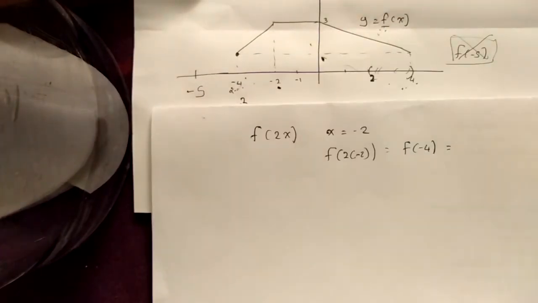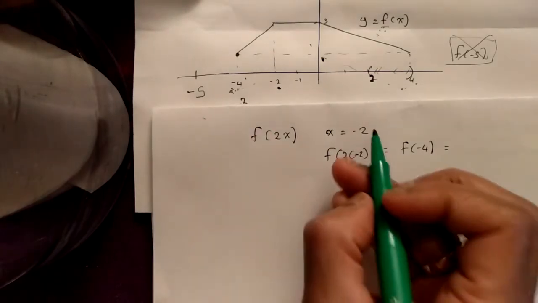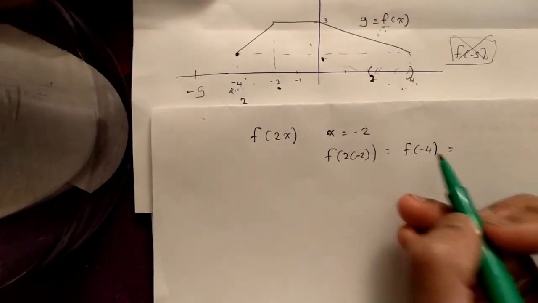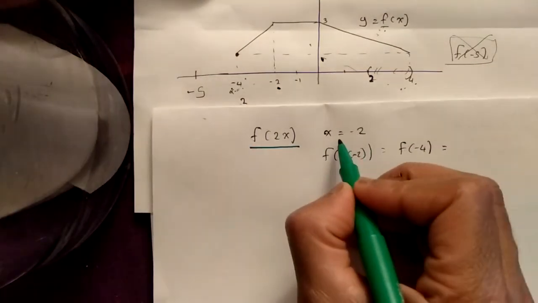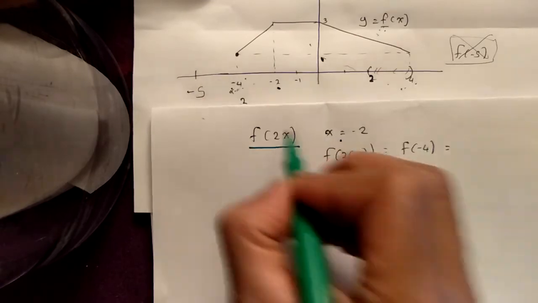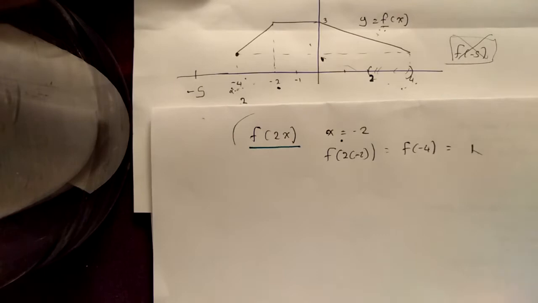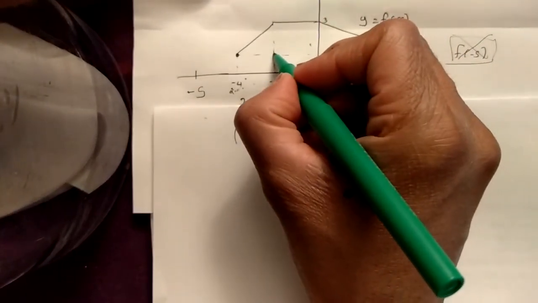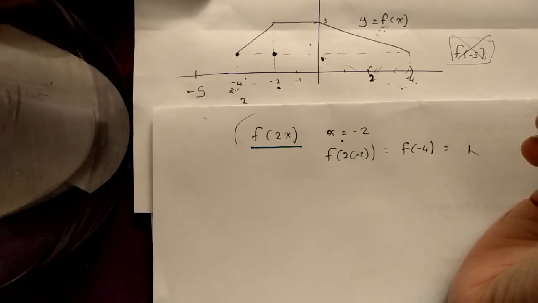That is given in the original data, right? So in other words, if we are to draw the curve for this one, at x equals -2 the value will be equal to 1, right?